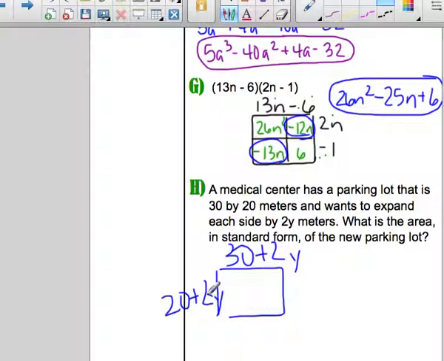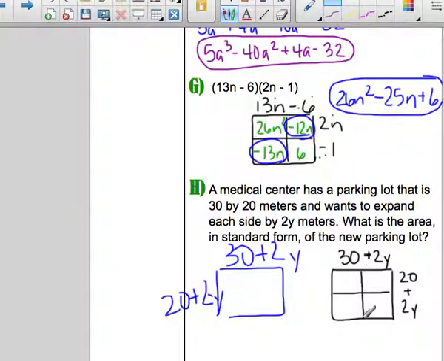So I'm going to make my box, because I prefer the box method. So we have 30 plus 2y out across the top, and 20 plus 2y down the side. Make my box.